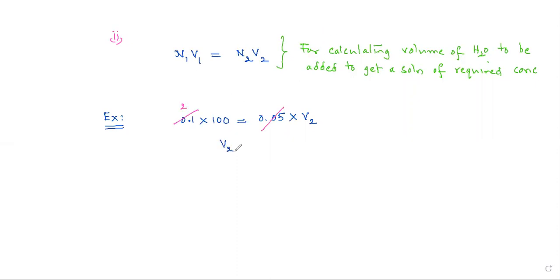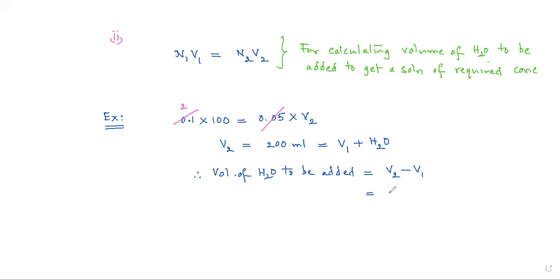Now V2 is equal to 200 ml. We know that V2 is V1 plus water from our previous discussion. Therefore, the volume of water to be added can be given as V2 minus V1. Now that comes out to be 200 minus 100. So 100 ml.